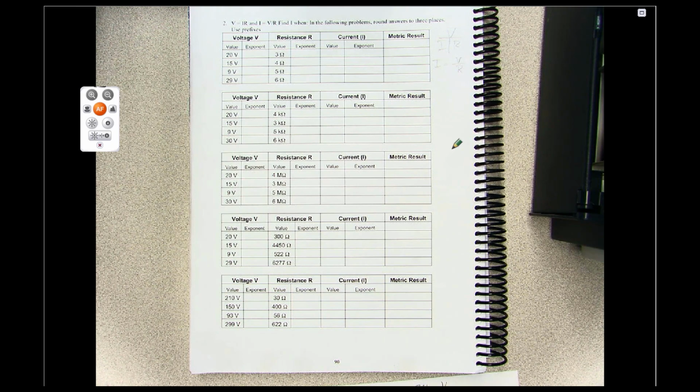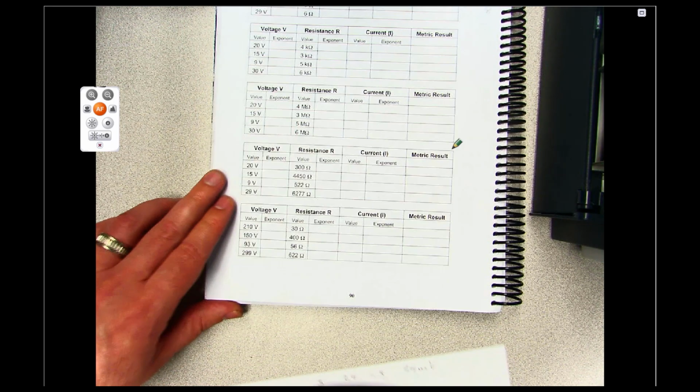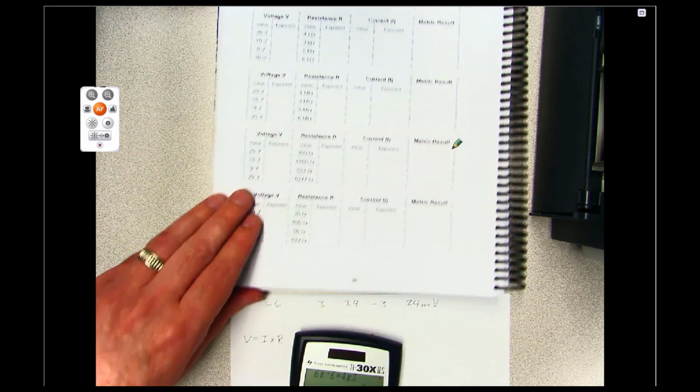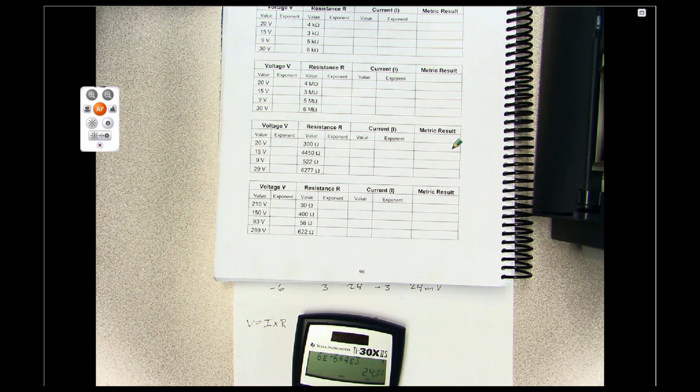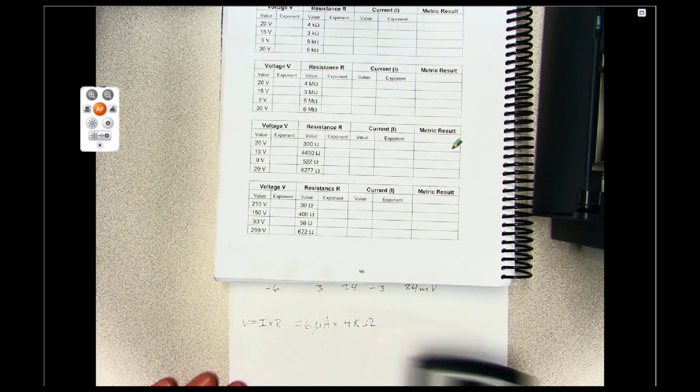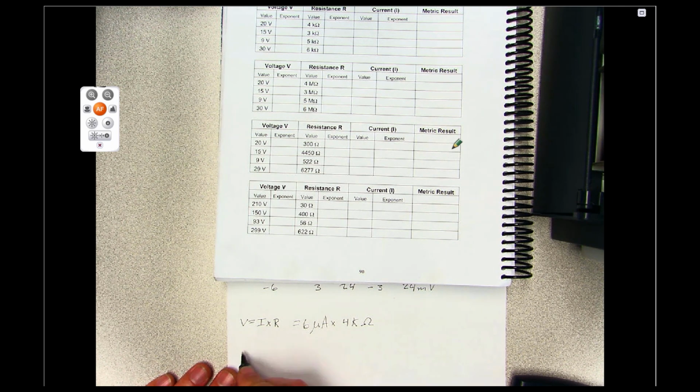So for that one, we're trying to find current. So we would write I equals V over R. In this case that is 299 volts divided by 622 ohms.